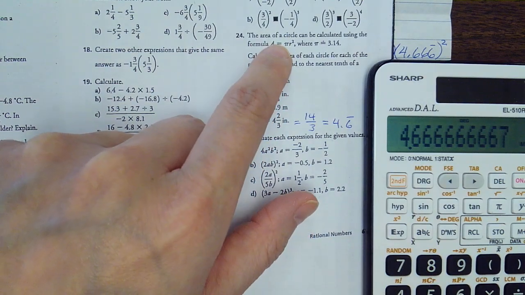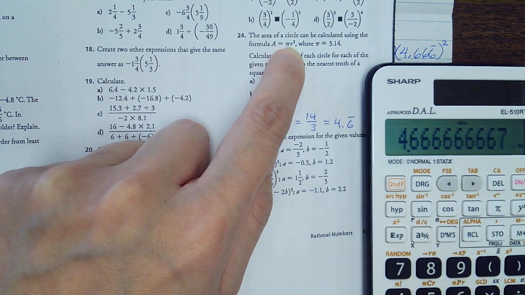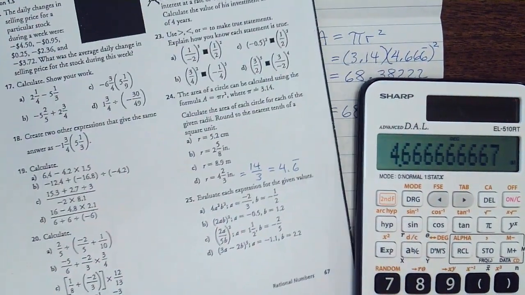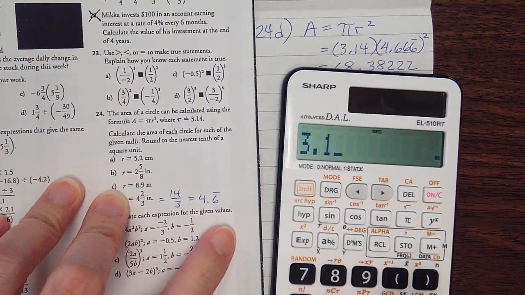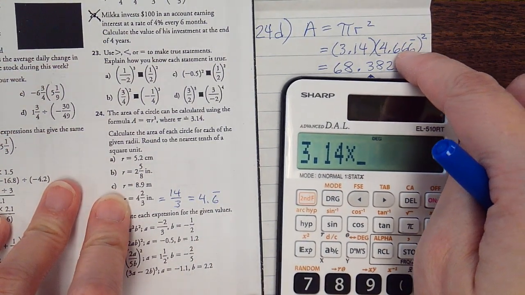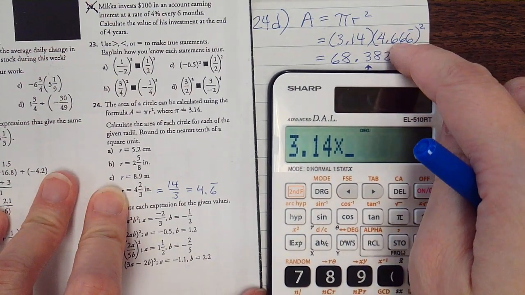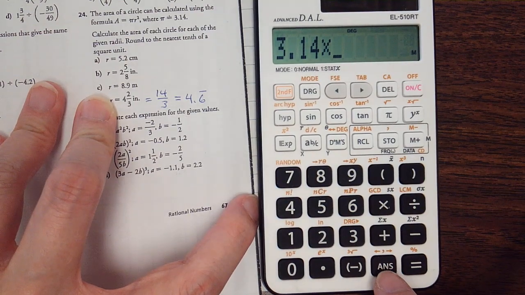Okay? So if you use the formula pi r squared, it means pi times r times r. So it's 3.14 times 4.444444 like this. But remember how it went on forever? So your calculator actually has this ANS button. It's very useful.